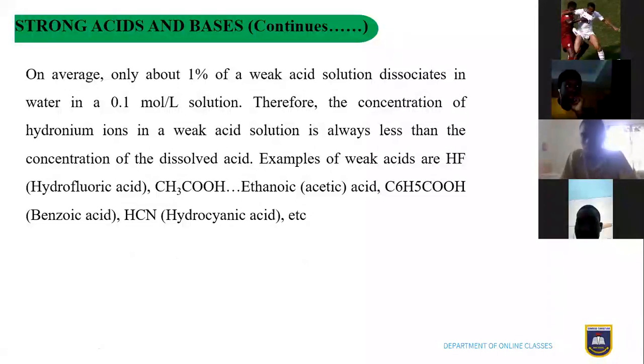Now, on the average, only about 1% of a weak acid solution dissociates in water. Can you imagine that? If you take a weak acid, just about 1% of it dissociates. That's 0.01. Therefore, the concentration of hydronium ions in a weak acid solution is always less than the concentration of the dissolved acid. What I mean by the dissolved acid is the acid you are trying to dissolve.